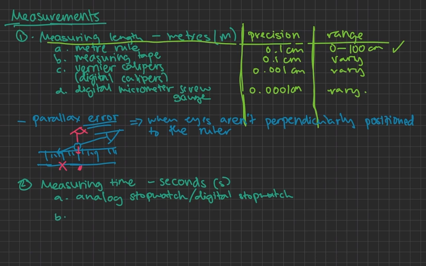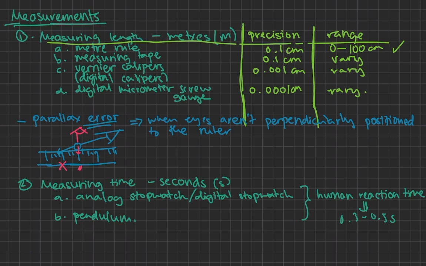Or B, you can also use a pendulum. Keep in mind that when you use either of these to measure something, you also have to take into account the human reaction time. Human reaction time is usually about 0.3 to 0.5 seconds. So when you measure an experiment using the stopwatch or the pendulum, you may have to minus off a bit of time for that human reaction time.